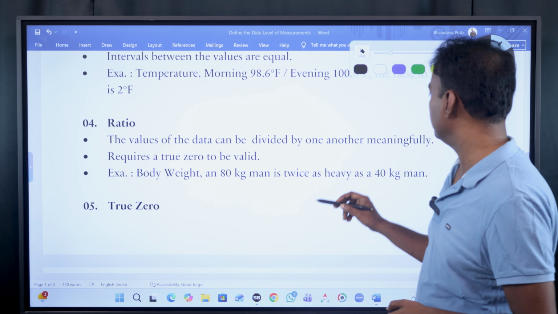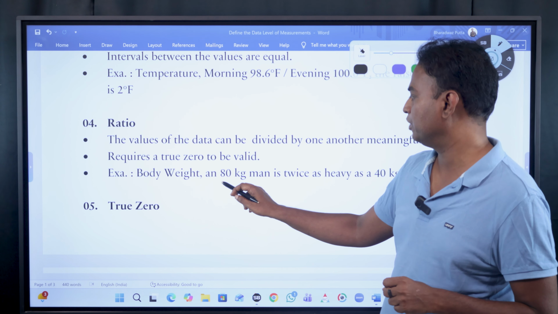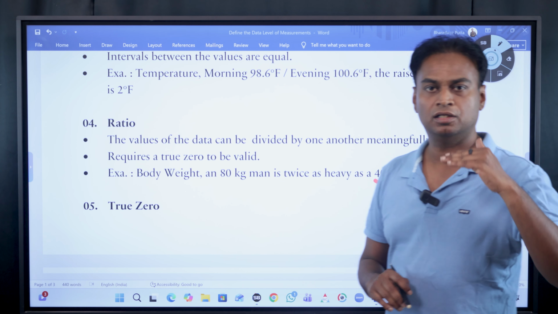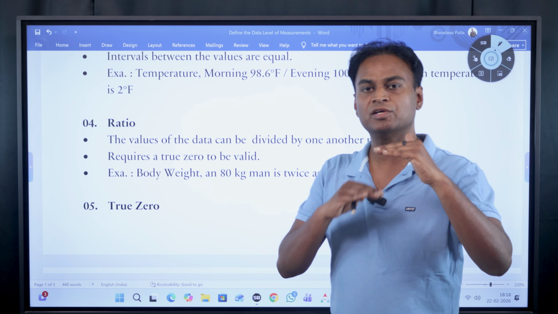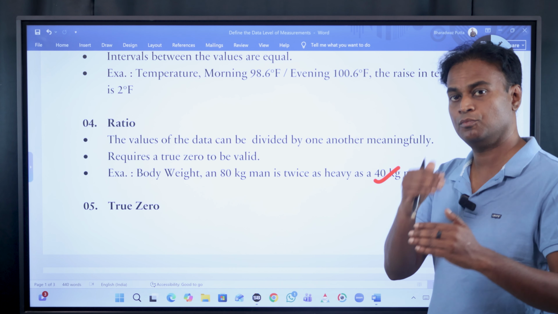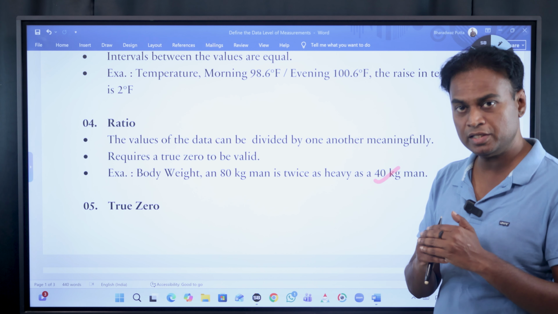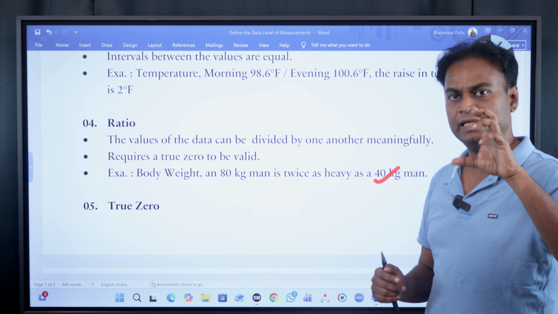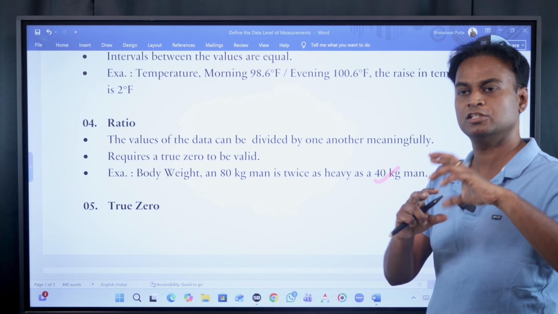If there are two persons, one with a body weight of 80 kg and one with a body weight of 40 kg, divide 80 by 40, it is 2. It means the first person's weight is twice that of the second person. You are dividing it meaningfully. Here there is a meaning when you divide. First person 80 kg divided by 40 kg is 2.